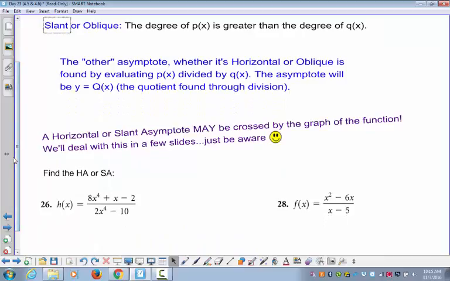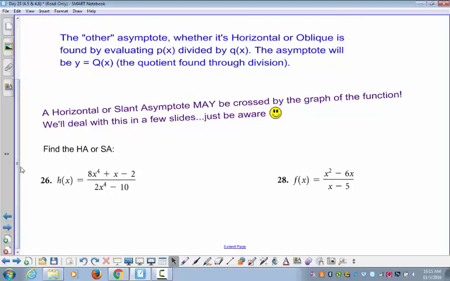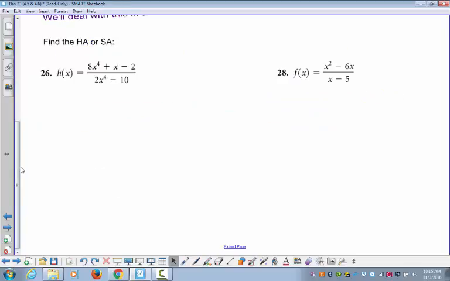Okay. So the other asymptote, again, is found by doing the division. It's just the quotient. As soon as you get to the constant in that long division, you're done. Horizontal or slant may be crossed. All right, so let's go ahead. The instructions here say just find the asymptote.